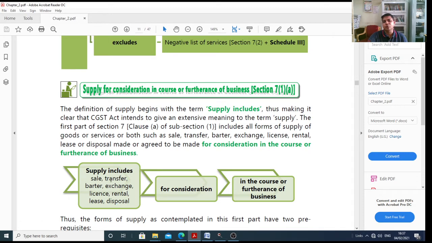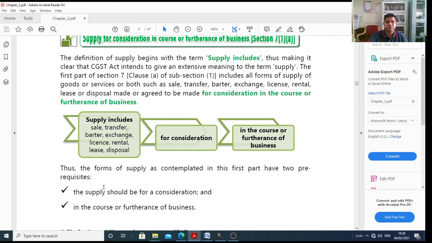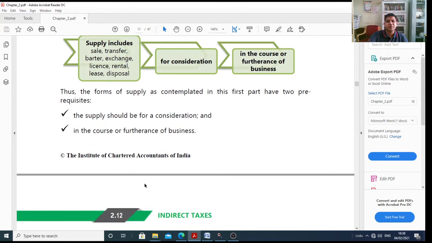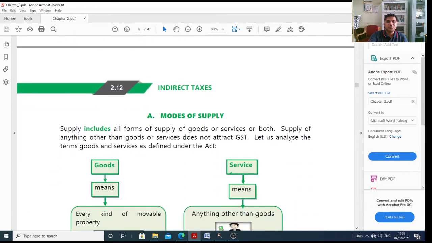Whenever we sell, transfer, barter or exchange goods or services in the course or furtherance of the business, it should be for consideration. For example, if I purchase a mobile, I pay 25,000. That 25,000 is the consideration, and furtherance of the business.